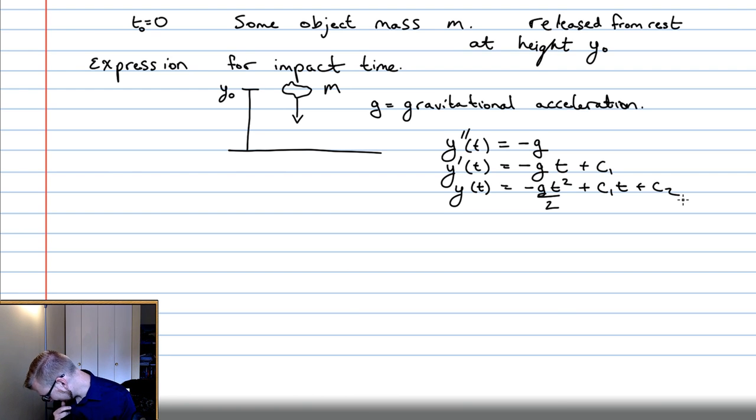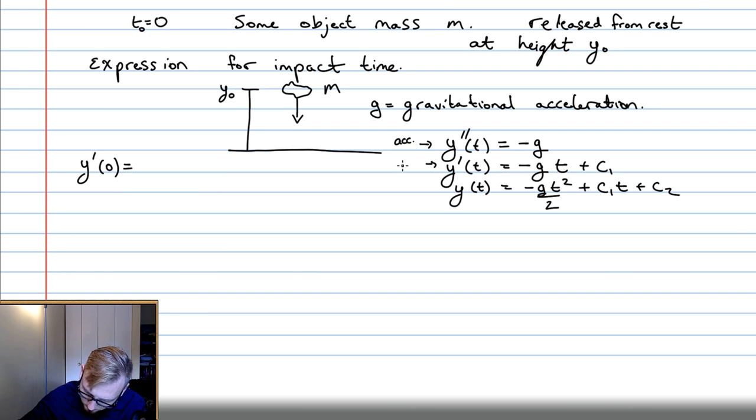Now we've got y prime of 0. What does y prime represent? If y double prime is the acceleration, this would be the velocity, and y here would be the position, right? So what information do we have?